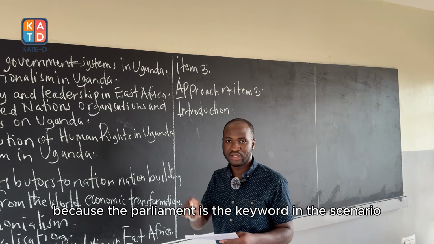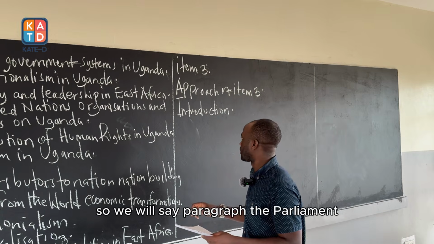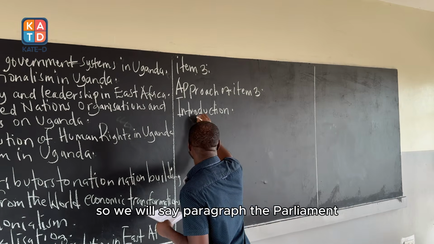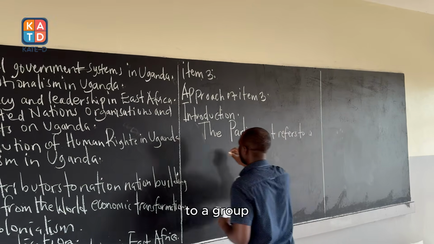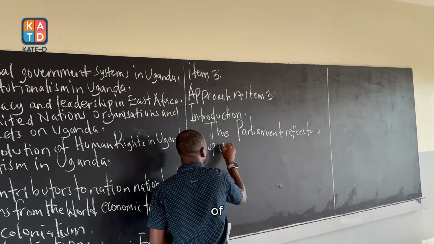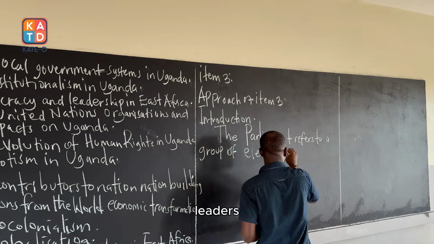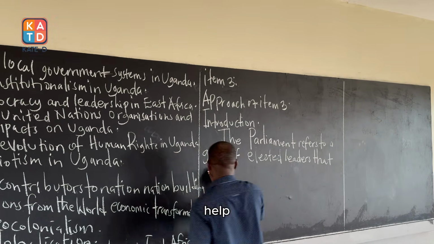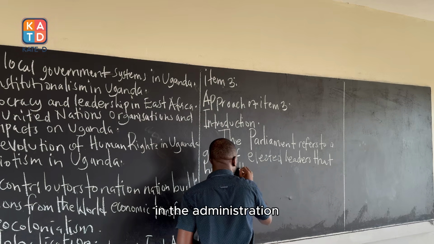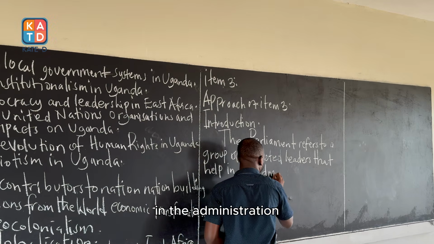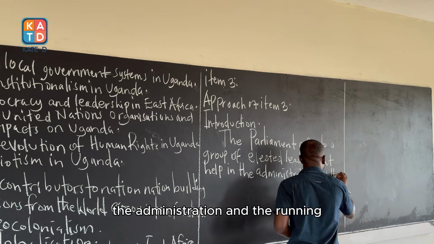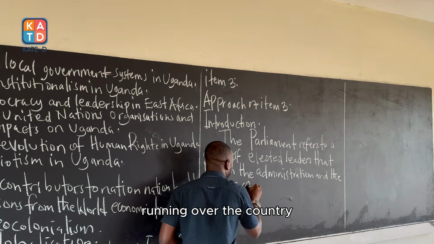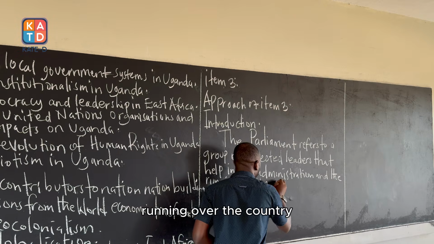So, we will say, paragraph: the parliament refers to a group of elected leaders that help in the administration and the running of the country.